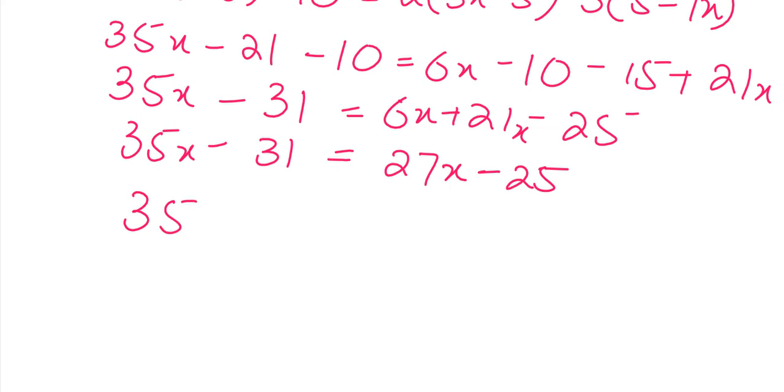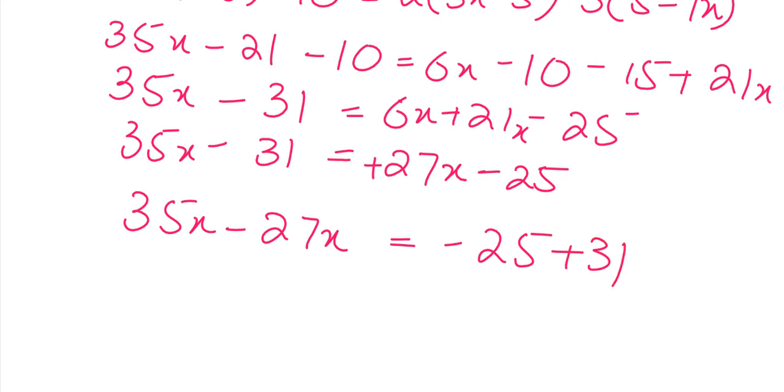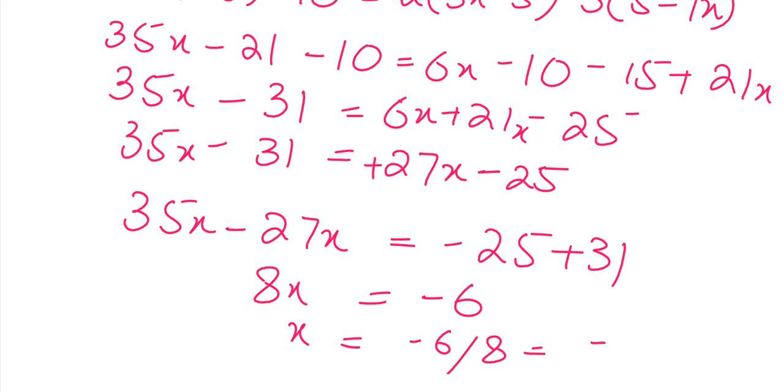You have to arrange the like terms by moving them to the right and to the left side. And that would be 8x and then 6. And then we have to again change operations. And that would be the most simplified answer over here: negative 3 over 4.